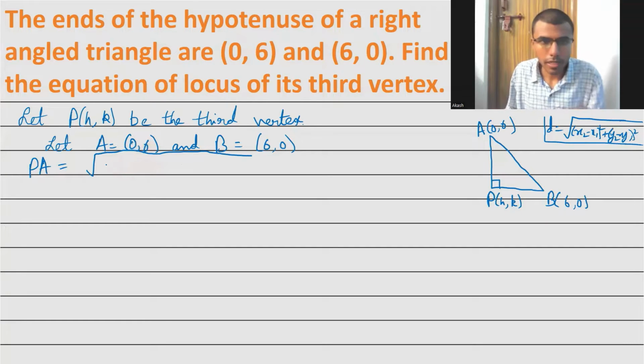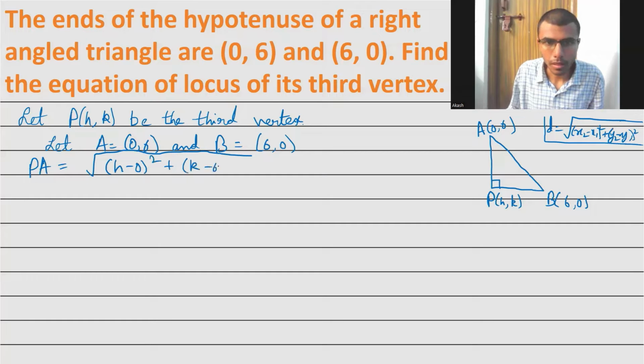So I'd get under root (h minus 0) whole square plus (k minus 6) whole square. So this is nothing but under root of h square plus (k minus 6) whole square.